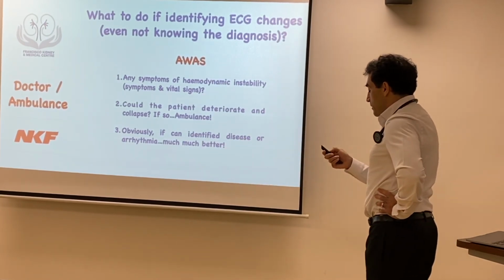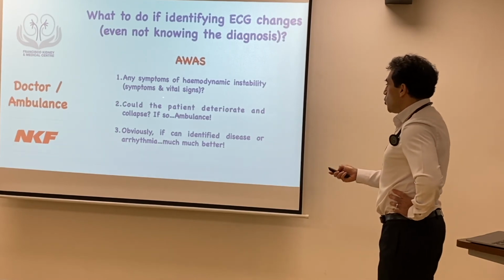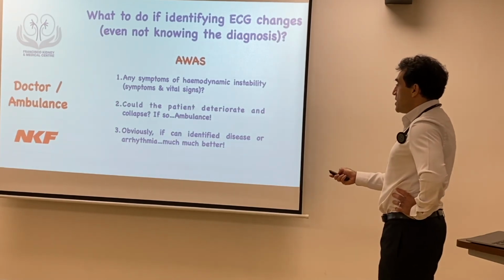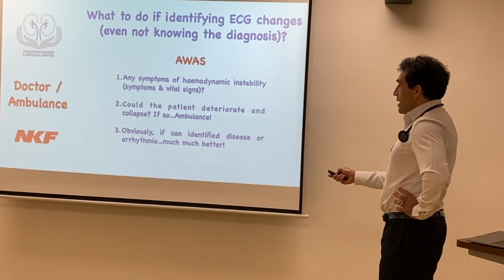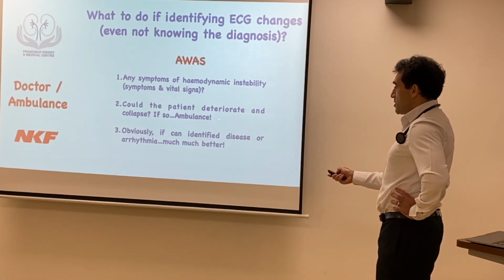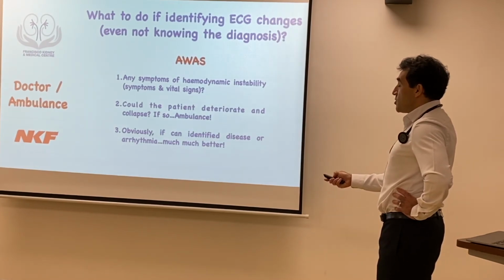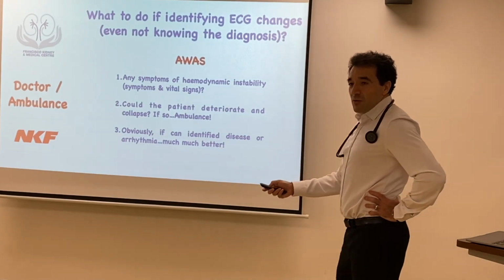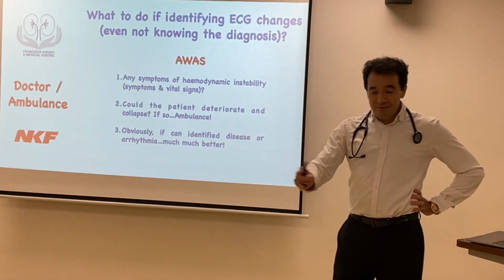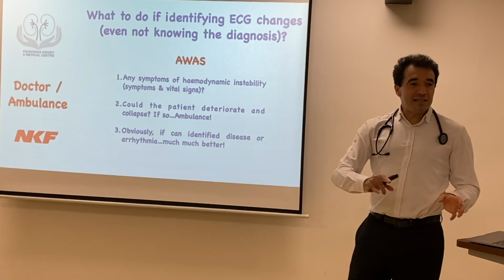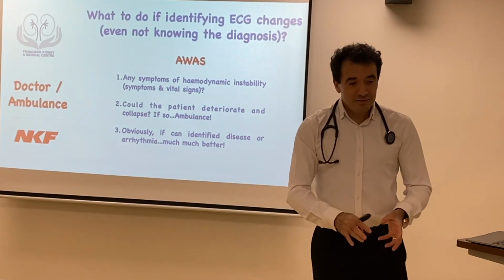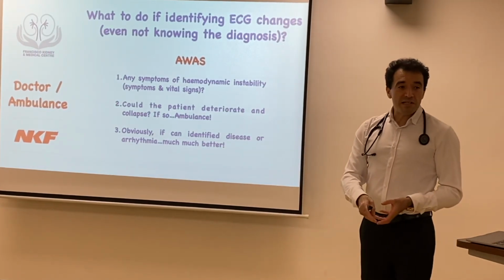So you need to always bear in mind that even if the patient is talking to you now, the next second they might collapse. So it's true. I always tell my nurses, when you find a patient that is like that, immediately call the ambulance, and then you start arranging all the administrative work.